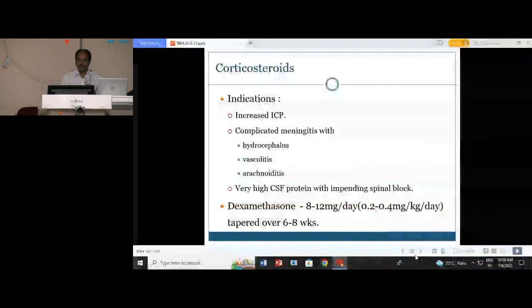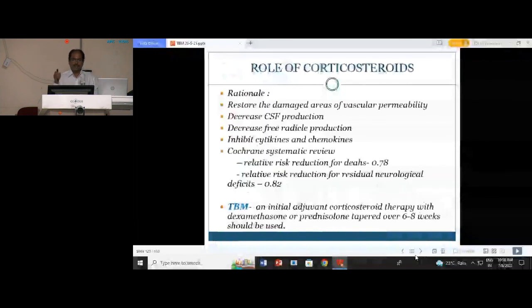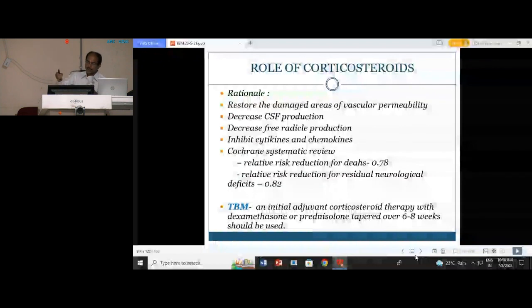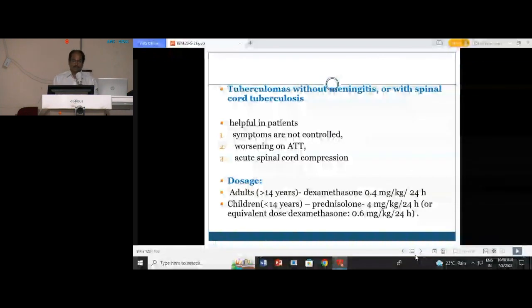The role of corticosteroids is rational: restore the damaged area of vascular permeability, decrease CSF production, decrease free radical production, inhibit various cytokines and chemokines. A Cochrane systematic review says the relative risk of death is reduced, 0.78, and the relative risk of residual neurological deficit is 0.82. Also tuberculoma without meningitis, spinal cord tuberculosis with symptoms not controlled, worsening on ATT, and acute spinal cord compression. The various drugs and doses we need not discuss.